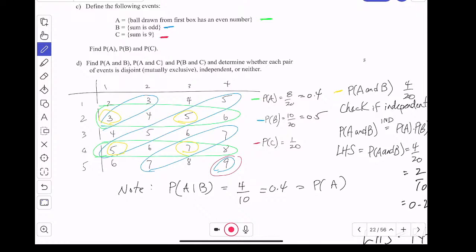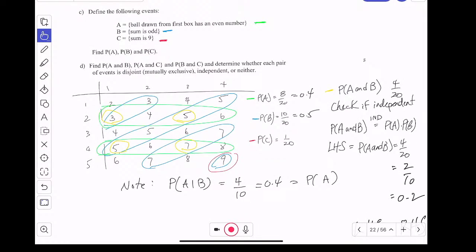So this demonstrates that it doesn't matter if we condition on B, the probability of A is the same. It didn't change inside of B.